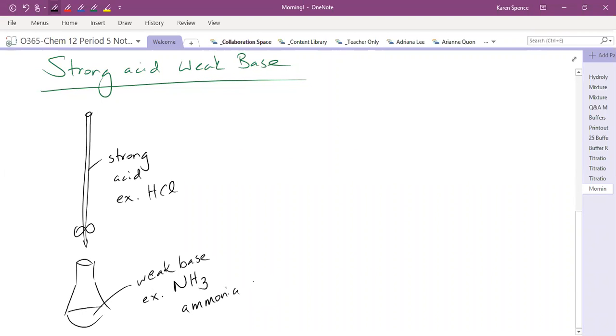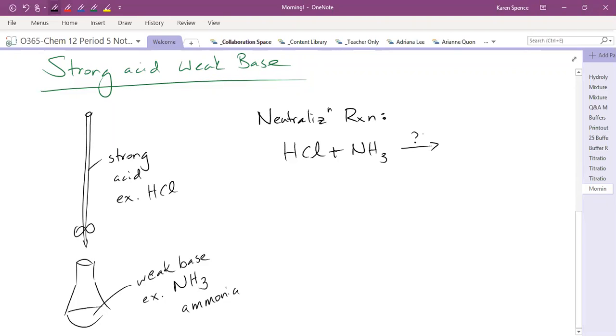So our neutralization reaction will look like this. We will have HCl plus NH3, and I want you guys to try and predict what the products of that reaction are and whether we have a one-way arrow or a two-way arrow here.